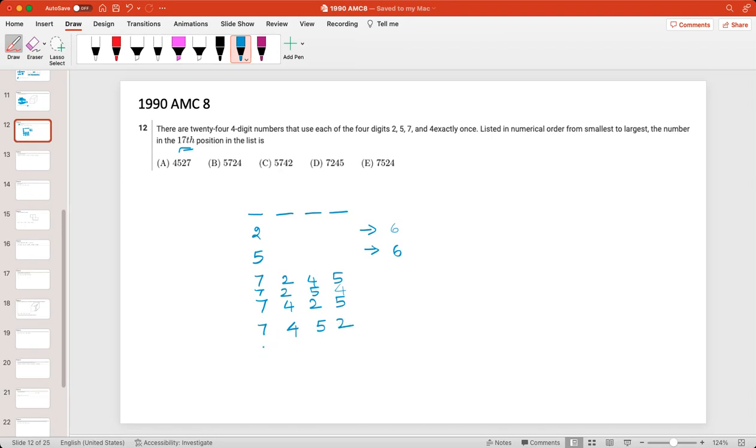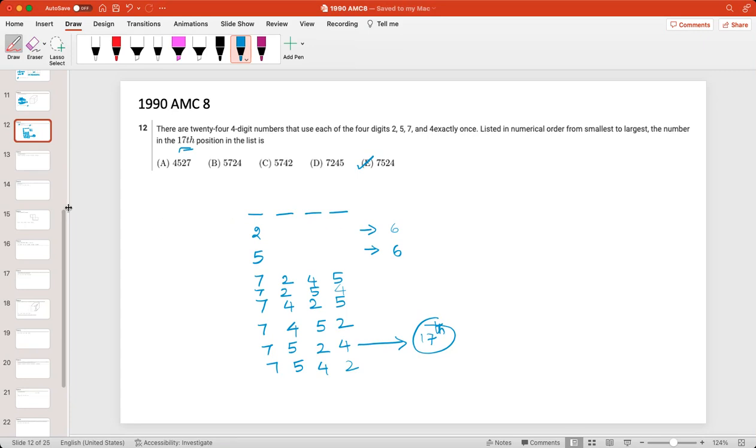This is the fourth. Now the fifth number will be 7524. The last number will be 7542. But we want this number, right? This is going to be our 17th: 12, 13, 14, 15, 16, 17. So this is my answer, 7524.